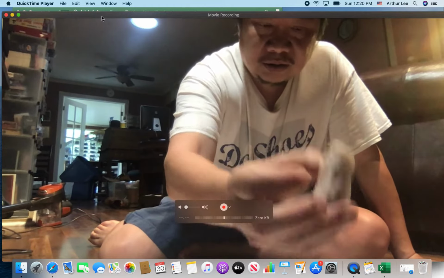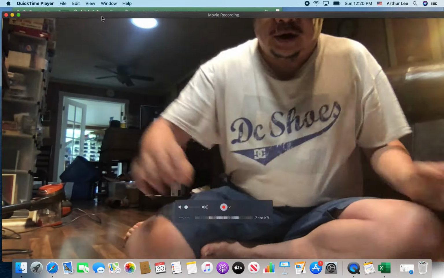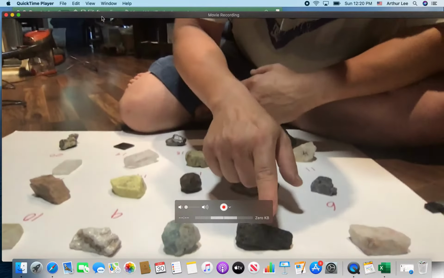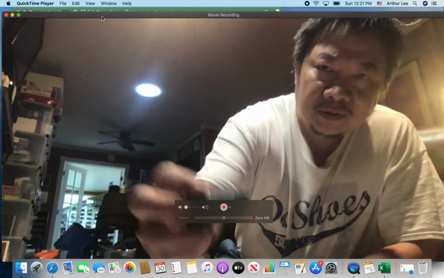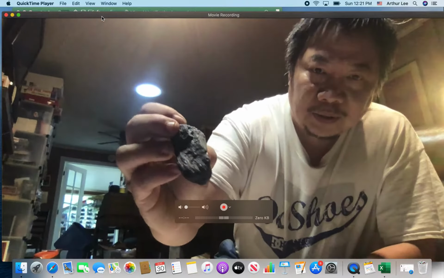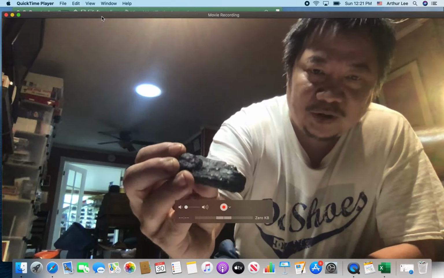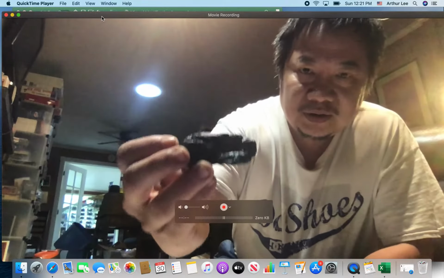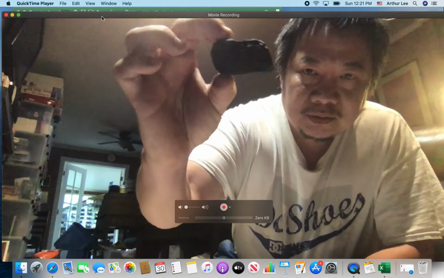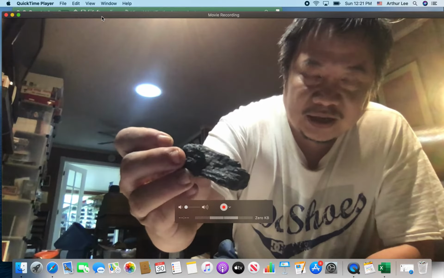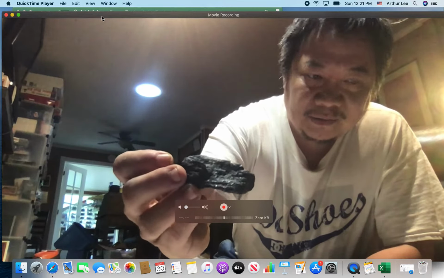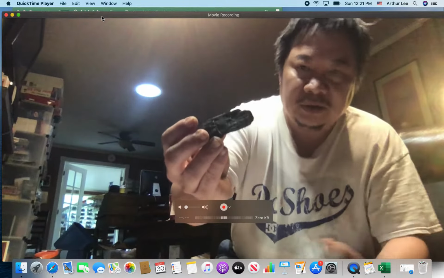Let's go to number 2 right here. I'm going to give you a few hints about it. You can figure out the color yourself. It's black, isn't it? Does it have cleavage? Is it non-metallic? I'll give you a hint on this one.